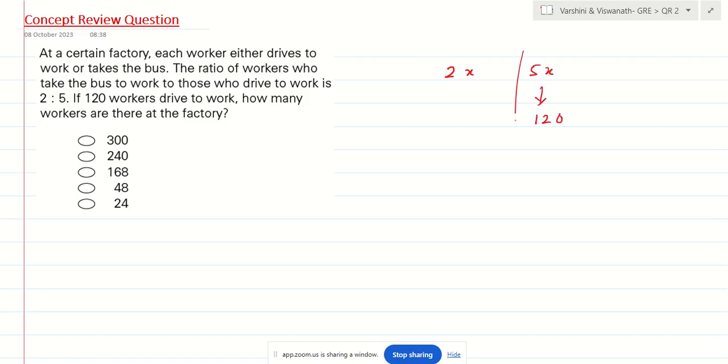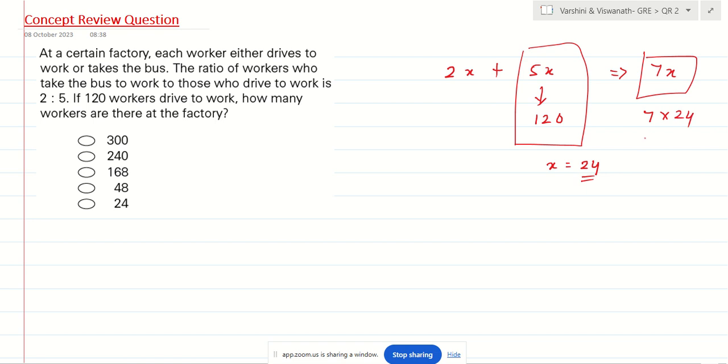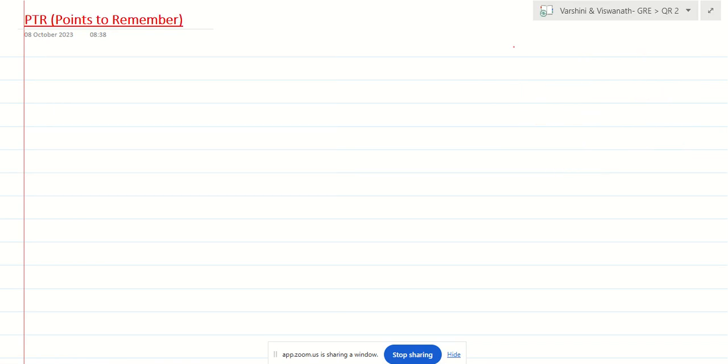How much will we get for the value of x? 24. So I got the common multiplier as 24. Plug in 24 here. But what is the question? How many workers all together? So how many all together? 7x. Correct? I know the x value, so 7 into 24 is 168. Good.